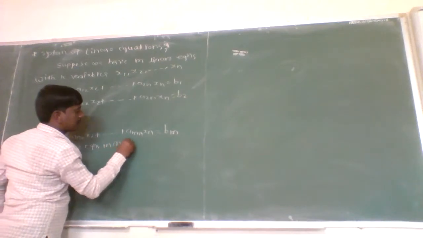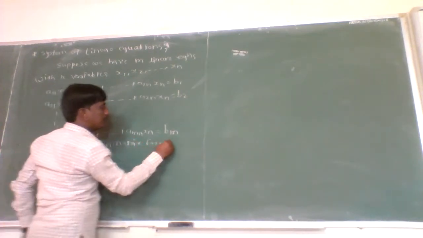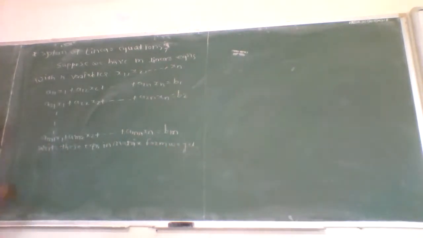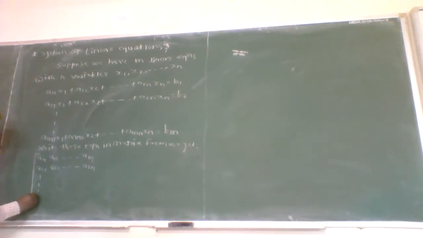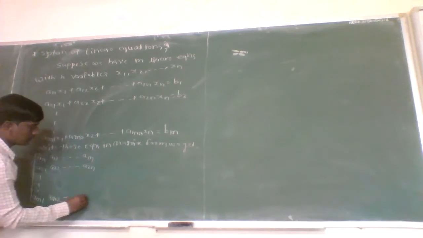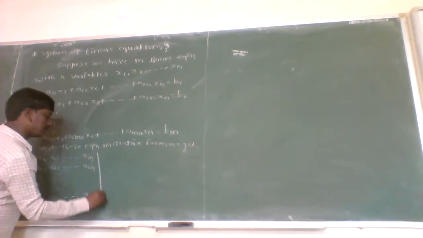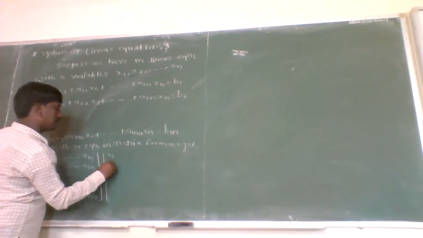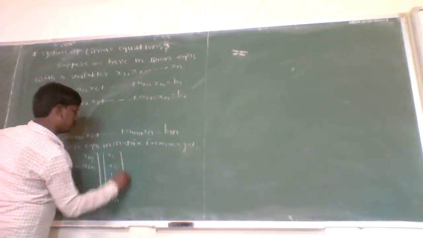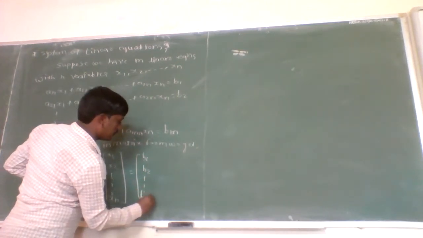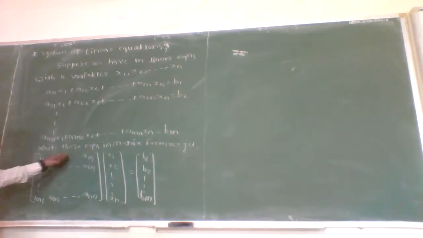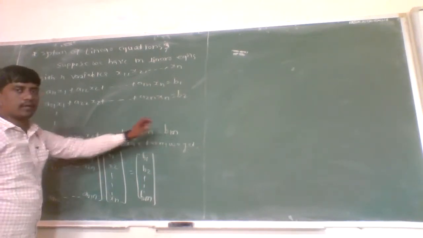In matrix form, we get the matrix with rows a11, a12 up to so on a1n, a21, a22 up to so on a2n, am1, am2 and amn, into x1, x2, xn, which is nothing but b1, b2 and bm, which is nothing but a11 x1 plus a12 x2 plus up to so on a1n xn will be equal to b1 by matrix multiplication.